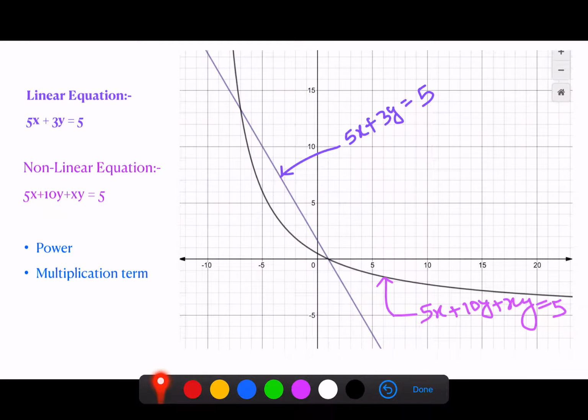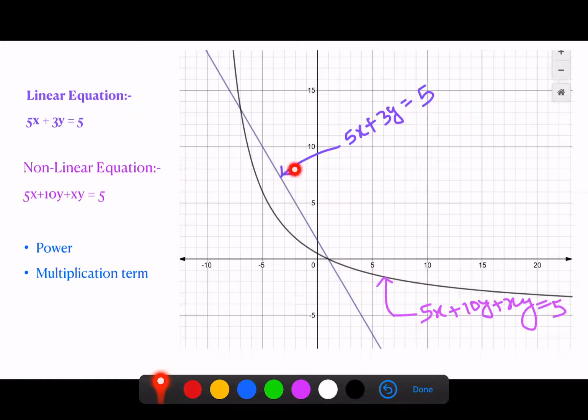Now I am comparing linear and non-linear equations. What is the basic difference? First of all, I am showing you the linear equation 5x plus 3y equals 5 and the non-linear equation 5x plus 10y plus xy equals 5.